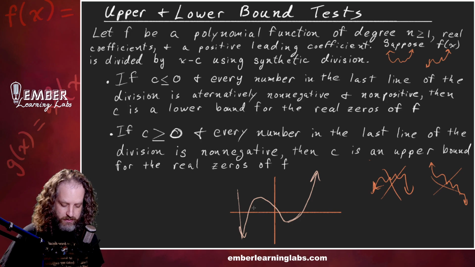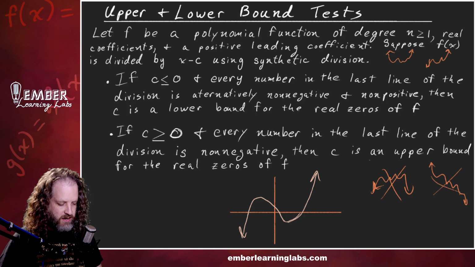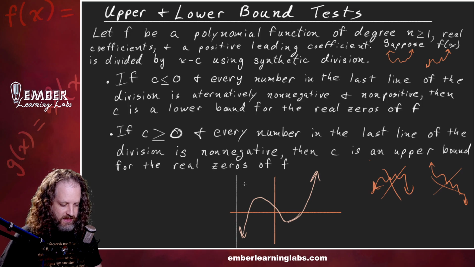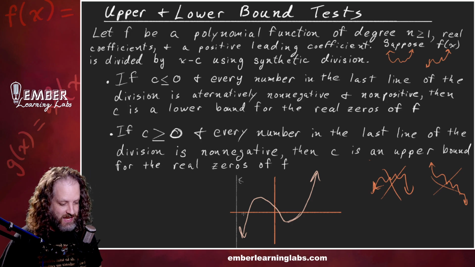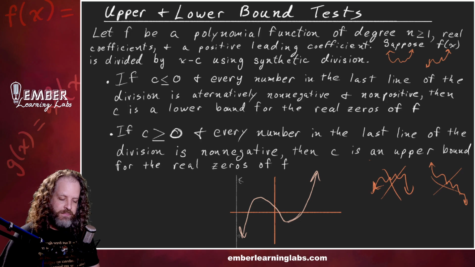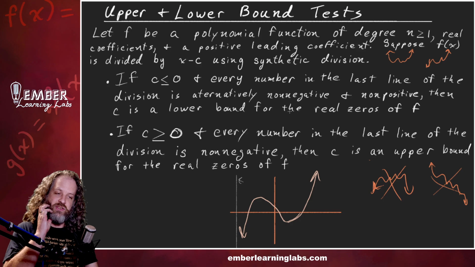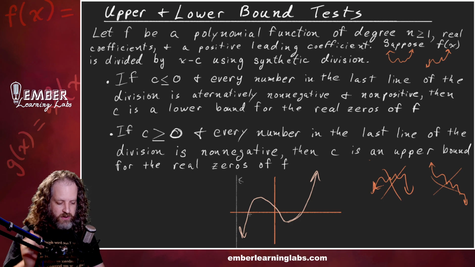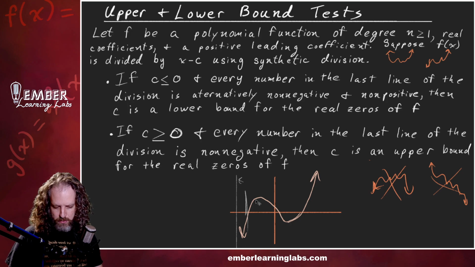In this little example, this would be the lowest zero right here. Anything to the left of that is a lower bound. So there is not a single lower bound. All this does is let us say this is a lower bound. We could go just a little bit over here and we would have a lower bound.